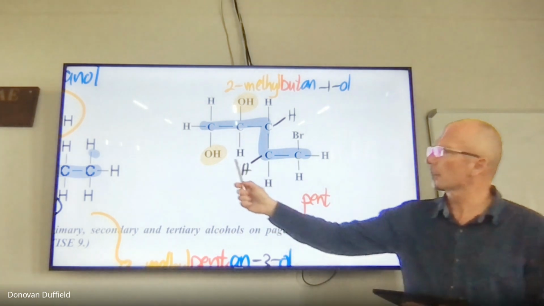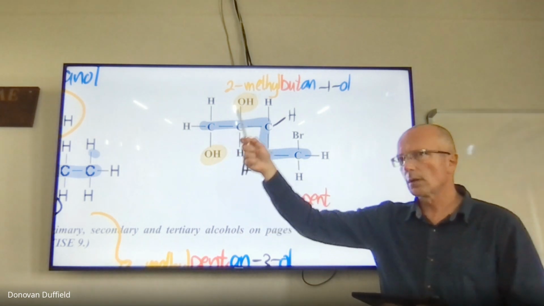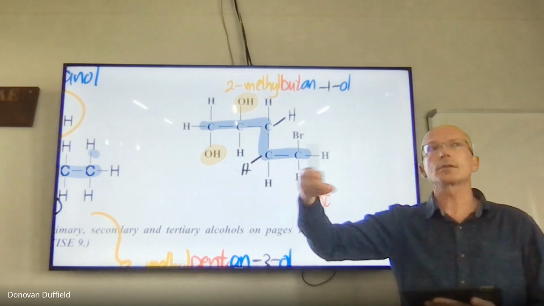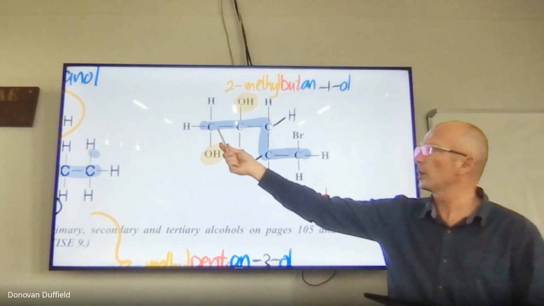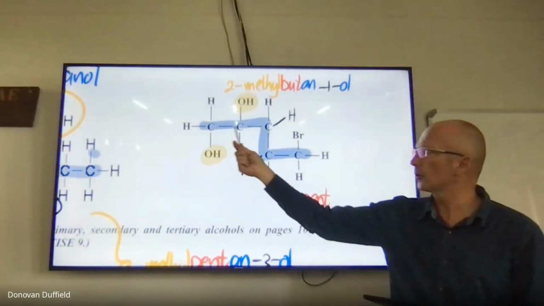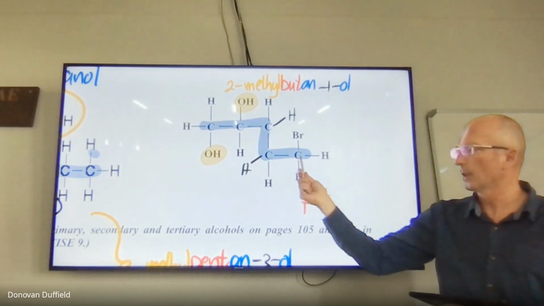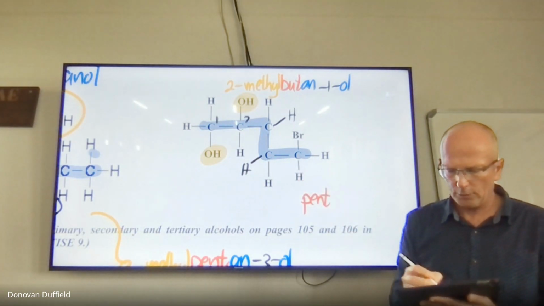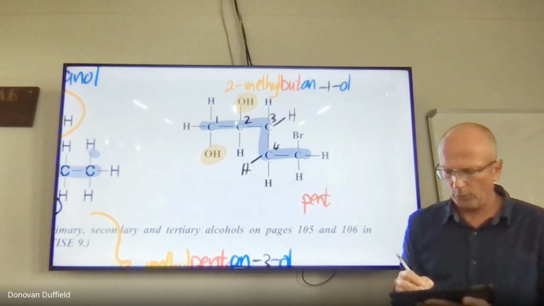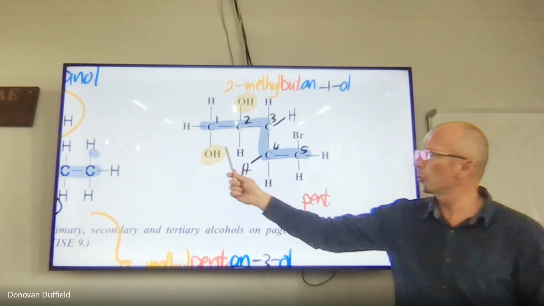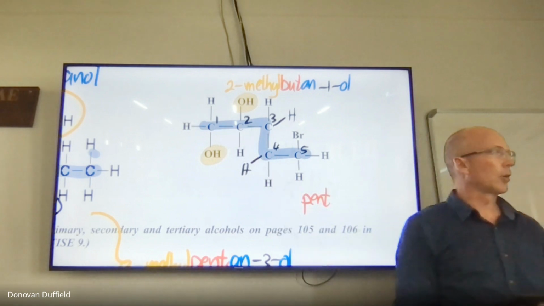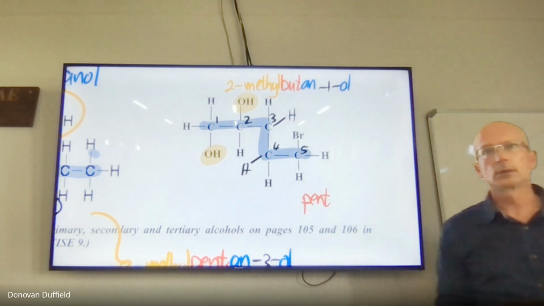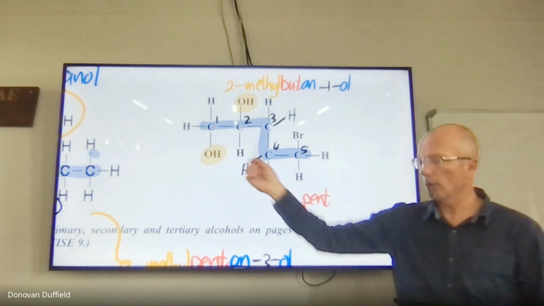So if we look at this, the lowest numbers to describe the position will be when we number from left to right. 1, 2, 3, 4, 5. So this would then be carbon 1, carbon 2, carbon 3, carbon 4, carbon 5, and it would be 1,2-diol. Are we okay with that? Because it's 2 hydroxyl groups.